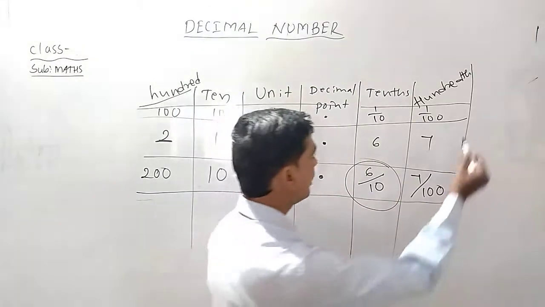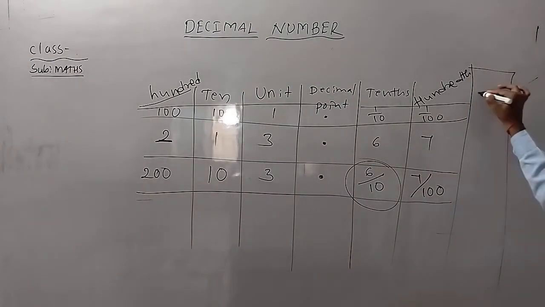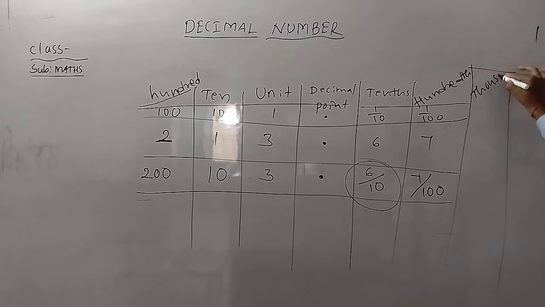Then another place is the thousandth place. The thousandth place value is 1 by 1000. In that thousandth place the number is 8.